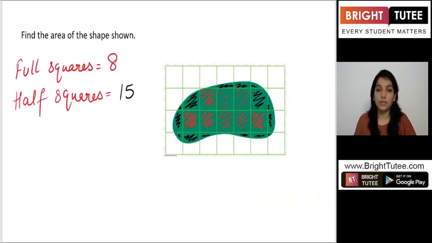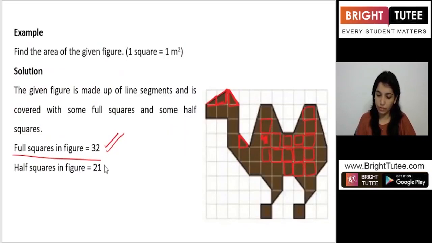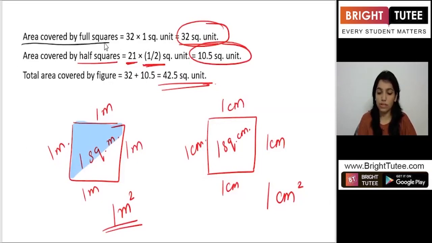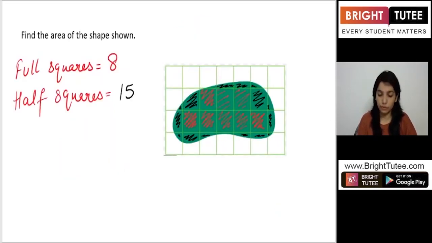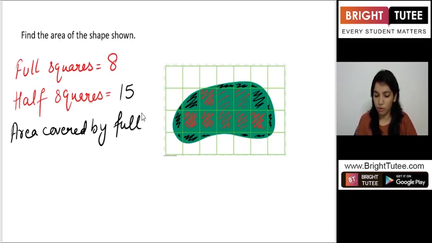Right, so let us write down here what we have written here. After we have written down the number of full squares and the number of half squares, what we need to find next is the area covered by full squares. So let us write area covered by full squares.